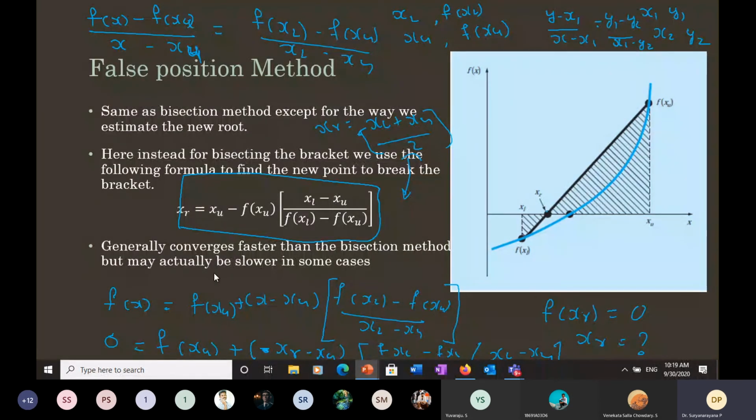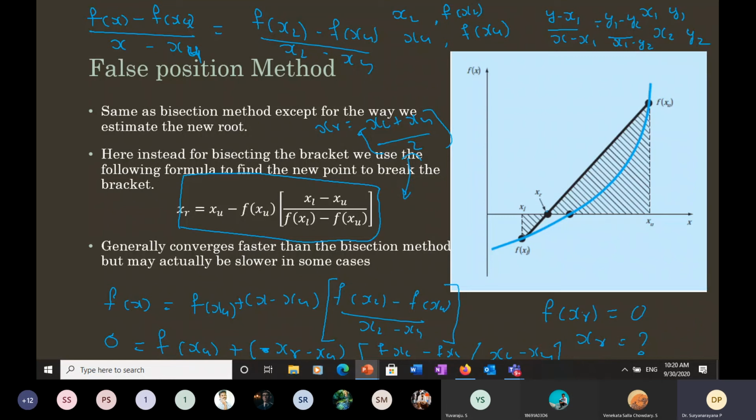That is why, even though the formula is a little more complicated than the bisection method, it is worth using this extra complicated formula because you will get faster convergence. What do I mean by faster convergence? I told you convergence means that if you make more and more iterations, the solution becomes more and more accurate.